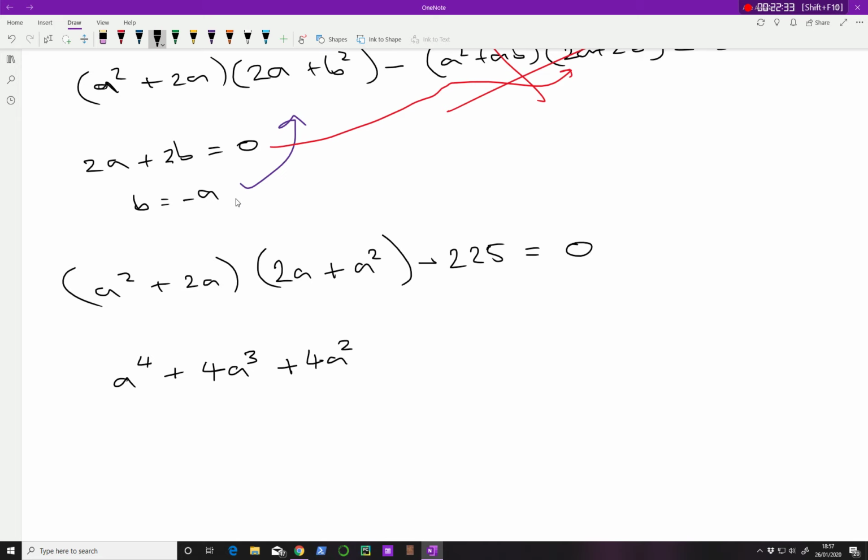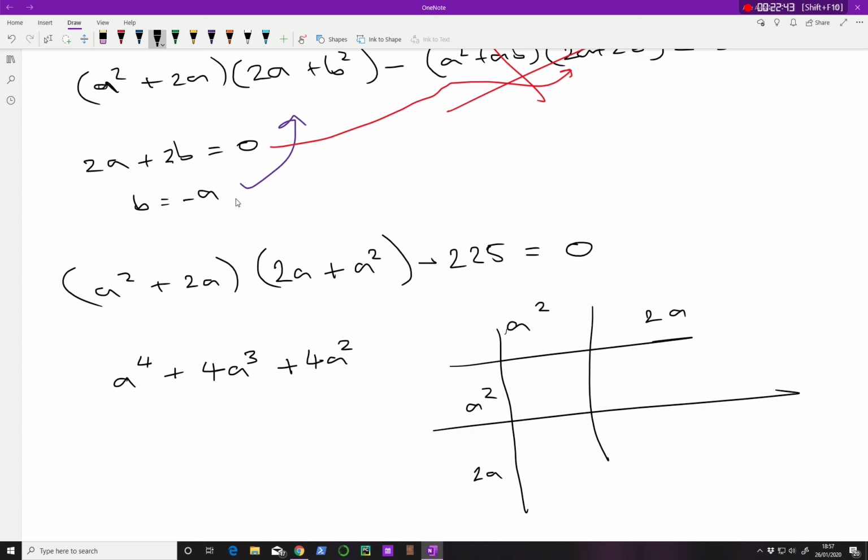And I am going to make sure that that is correct by doing it in grid style. So a to the 4, 2a cubed, 2a cubed, and 4a squared. Add them all together, so this is correct.